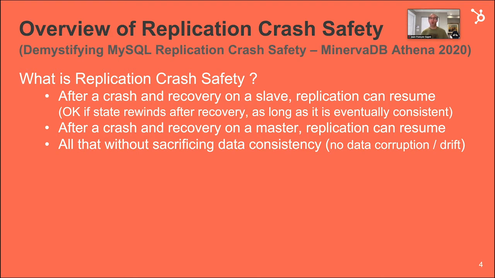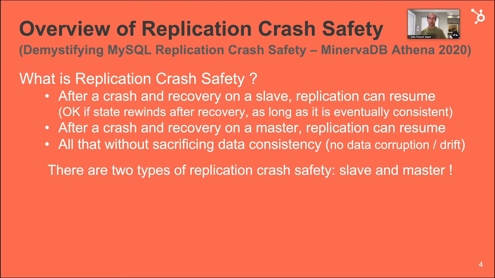We do not want silent data corruption or data drift between slaves and master, because there are some cases where replication will be able to recover, but the data consistency is compromised. We have data drift. If this happens, which is quite hard to detect, we consider that replication here wasn't crash safe.